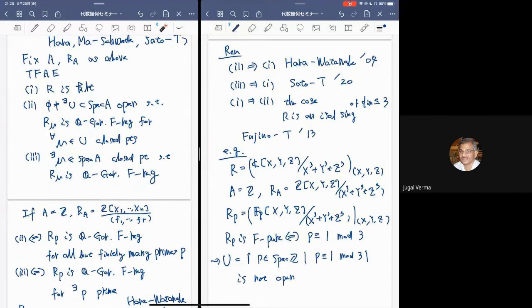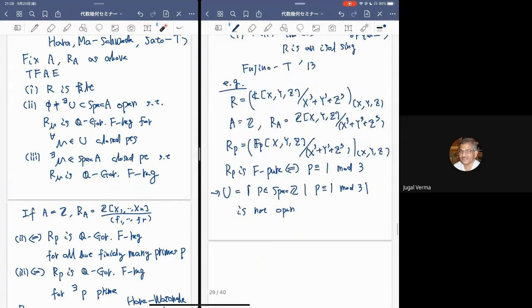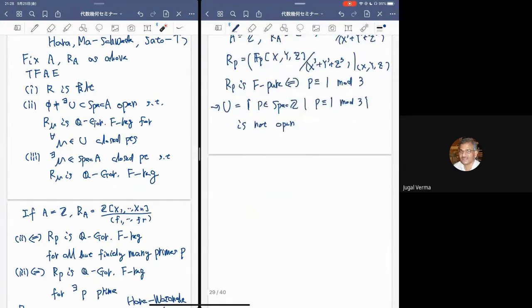But in dimension 2, we know how large P has to be. Let me explain this. This is a specialty of the two-dimensional case.